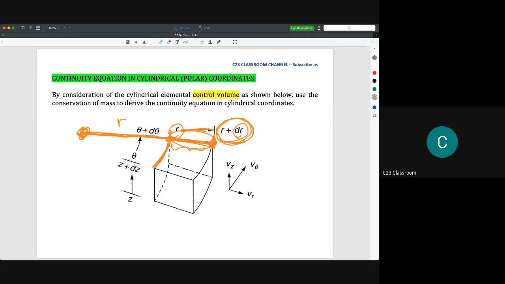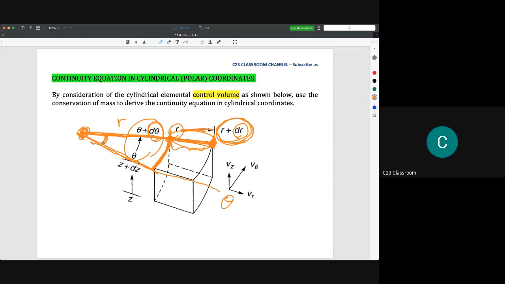This might be a bit confusing: delta here is just showing the angle. If the angle here is theta, a small opening here will give us delta theta. So the total angle here will become theta plus d theta.